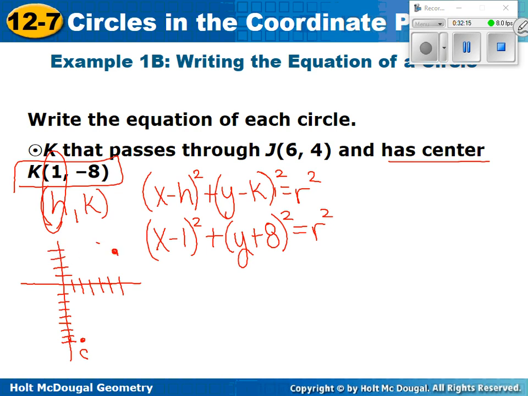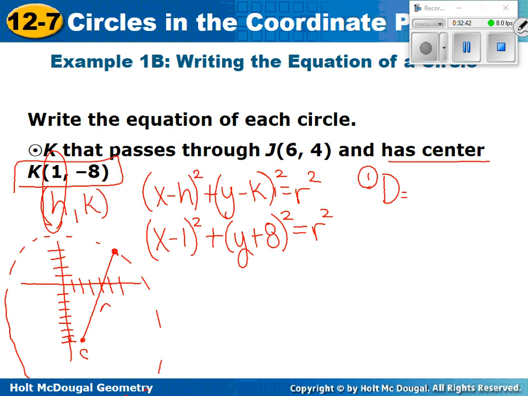So if I were to draw my circle, it's going to be centered around that center and it's passing through that point. What do we call this then from the center to that point? The radius, and that's what we need to find. So who said distance formula? Okay, we could use distance formula to find the length of the radius. So one way to find the radius is to use your distance formula.